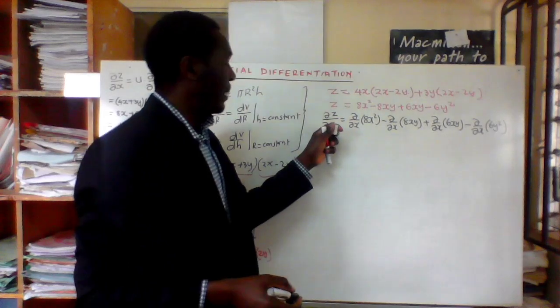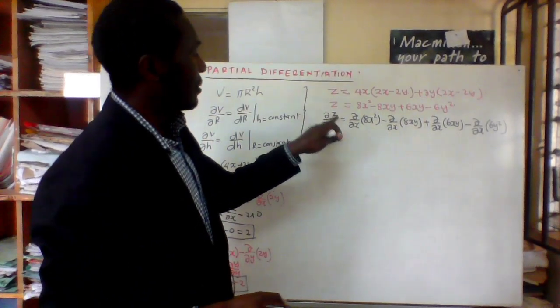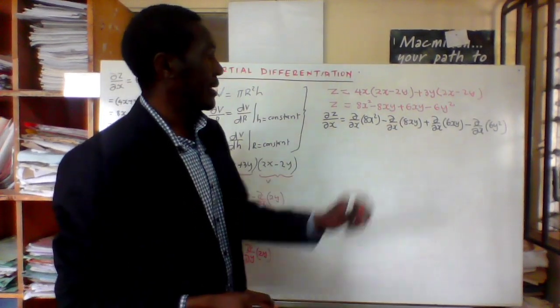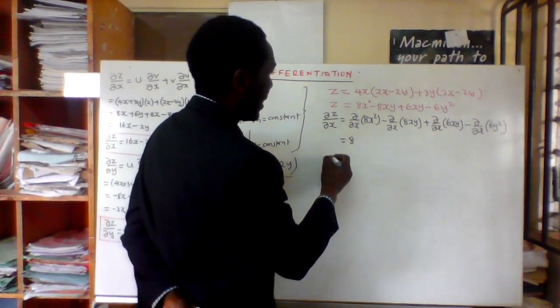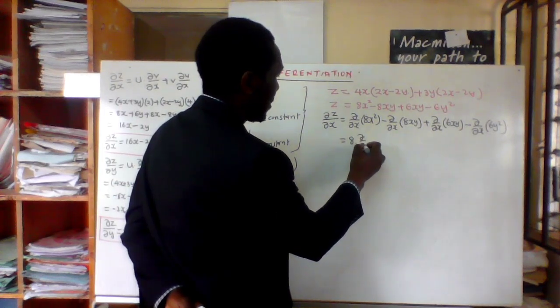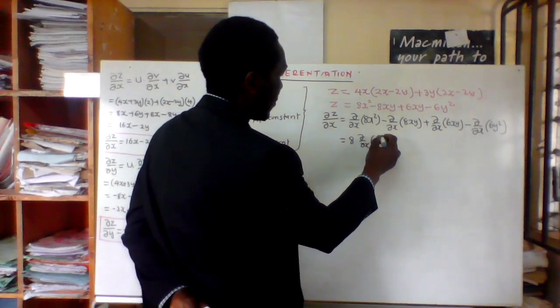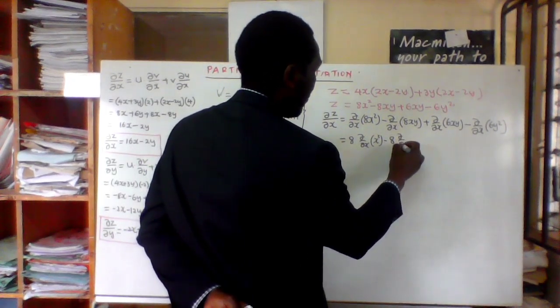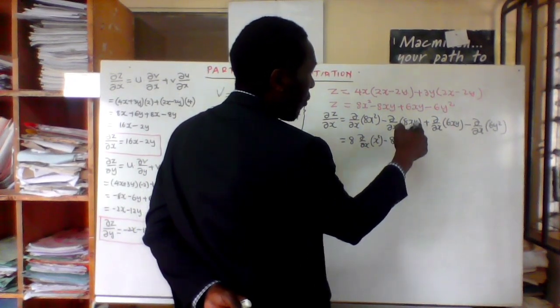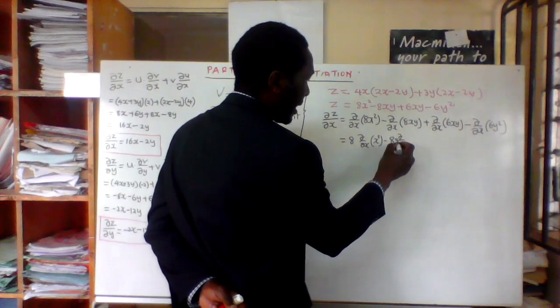When we are doing partial with respect to x, we treat anything that is not x as a constant. So here we'll take 8 outside, then we differentiate with respect to x. Our x squared minus 8 is a constant, partial derivative with respect to x. Because y is a constant, we can still take it outside.